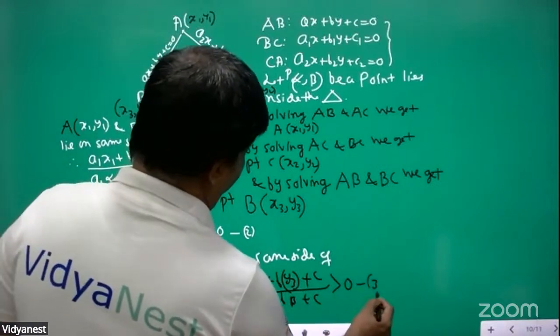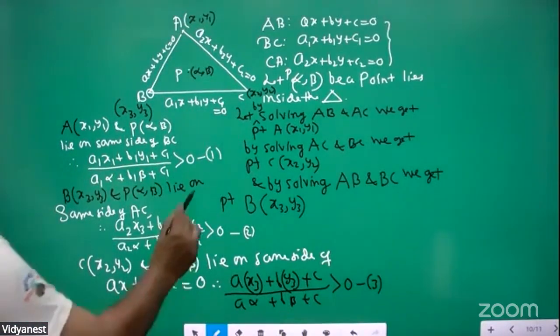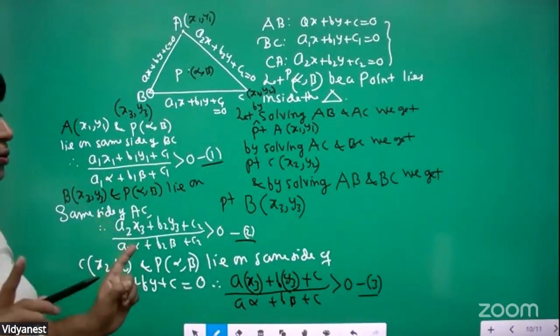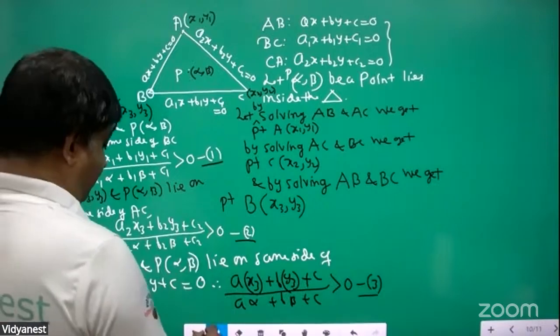This is inequation number 3. So we have got inequation 1, 2 and 3. Combining 1, 2, 3.